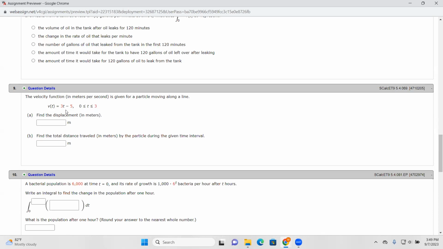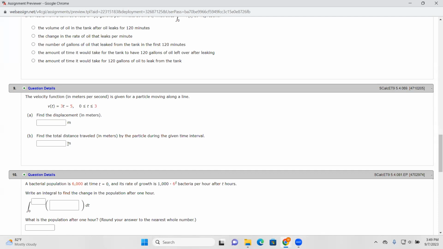So since our velocity function is a line, the corresponding area regions would be just triangles, right? Whenever you would break it down. But even if you just use the fundamental theorem, it will give you the displacement, because displacement accounts for forward motion as positive distance and backwards motion as negative distance.